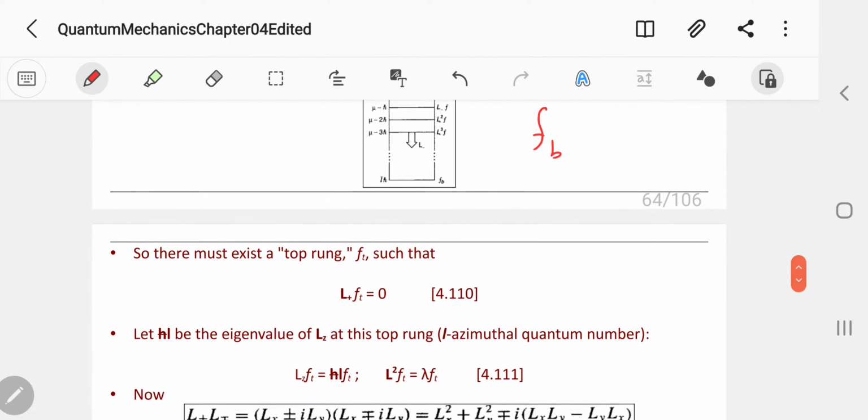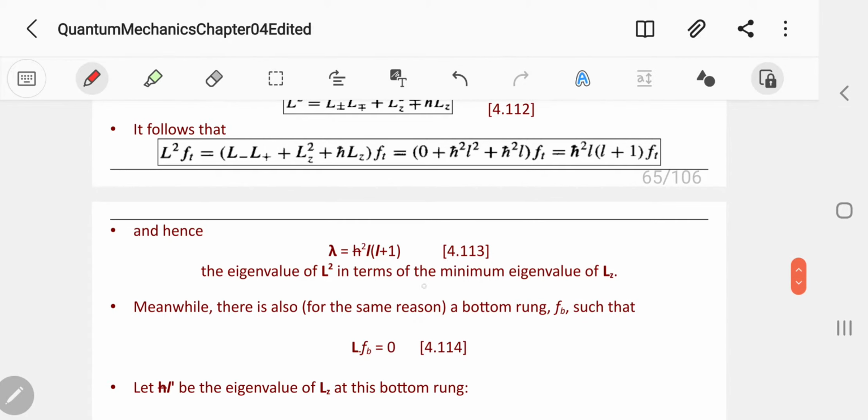So there must be a topmost eigenstate, the top rung, in which L plus, if you operate that on the top rung, would be 0, and of course at the bottom rung, L minus acting on the bottom rung would be 0.